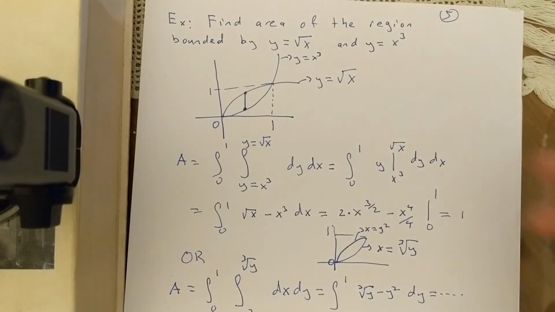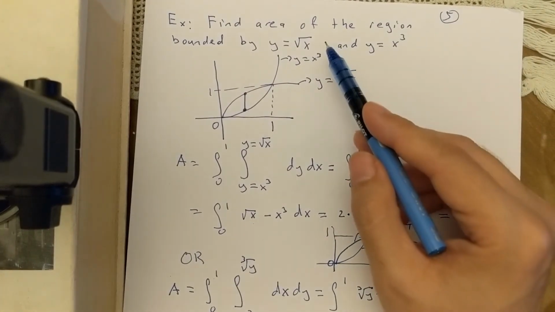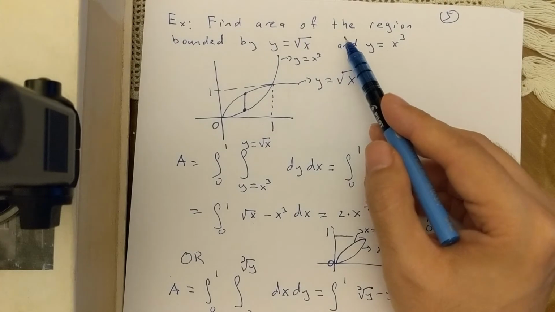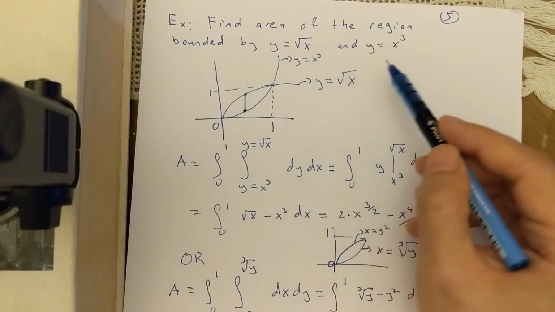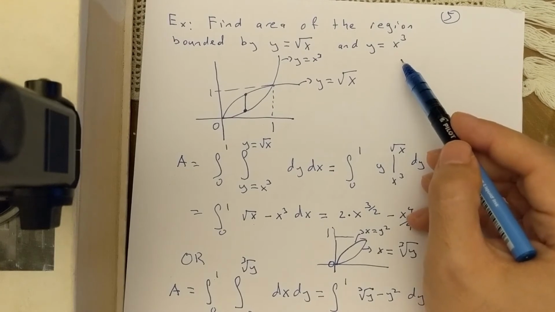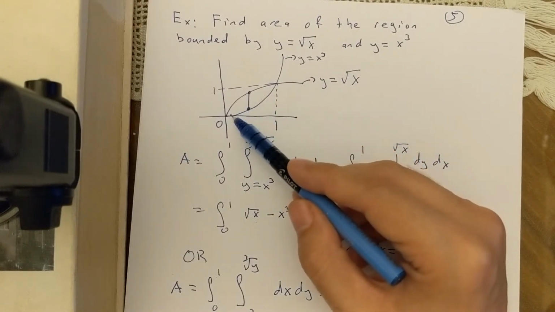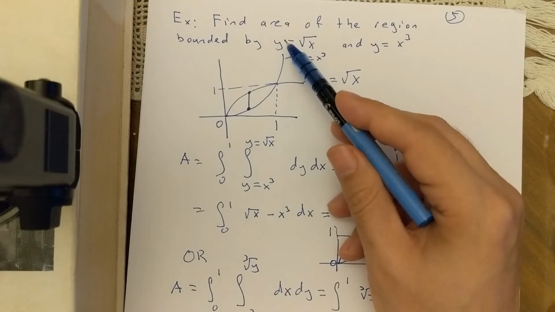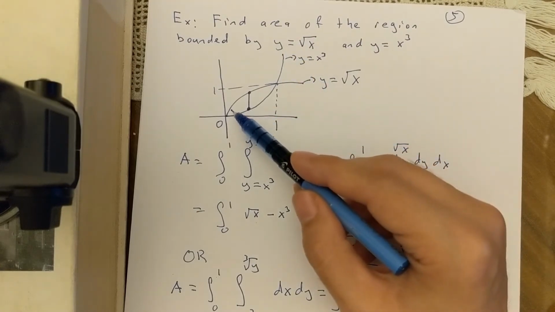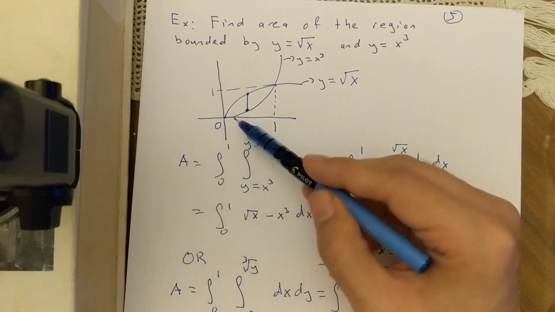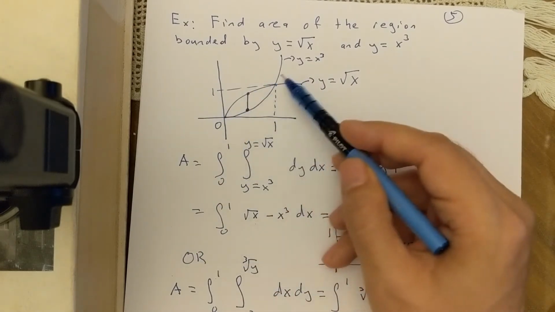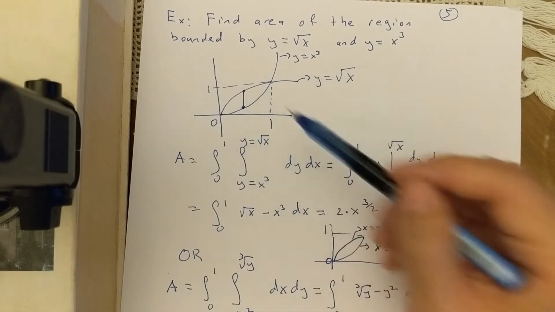I would like you to find the area of the region bounded by y equals square root of x and y equals x cubed. Here I drew the functions. This would be y equals x cubed, and this would be y equals square root of x. Y equals x cubed actually goes down like this, but where it's bounded is this region. So this is the region R.